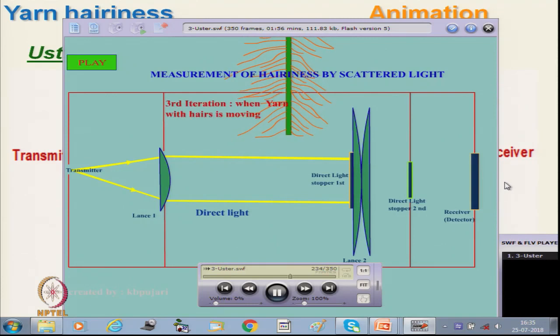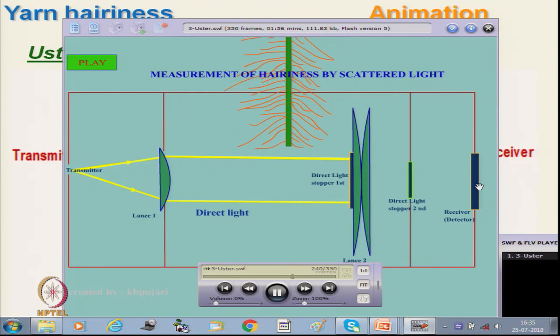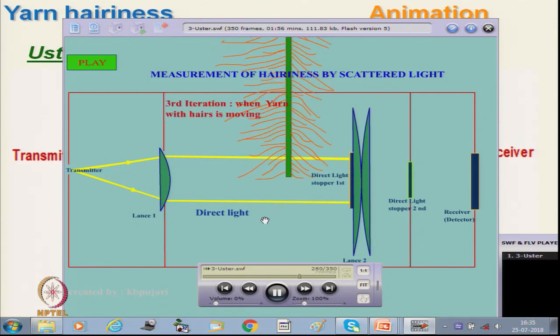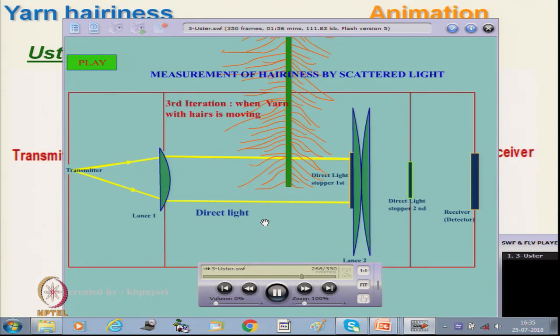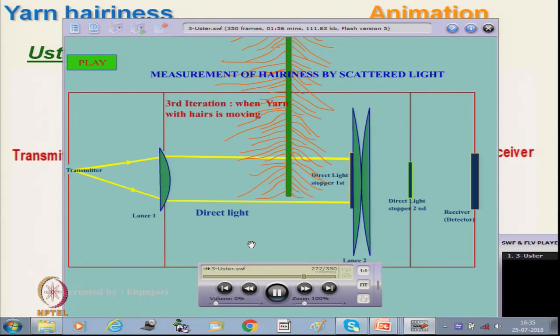Now, the yarn with hairiness is coming, and the light will start getting scattered by the hairs.